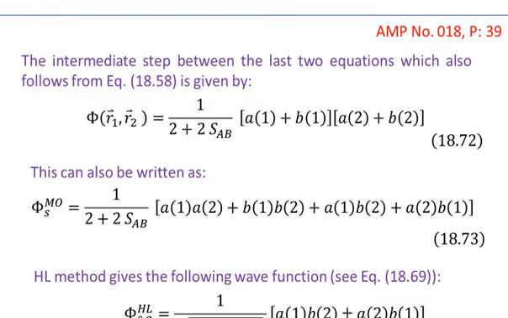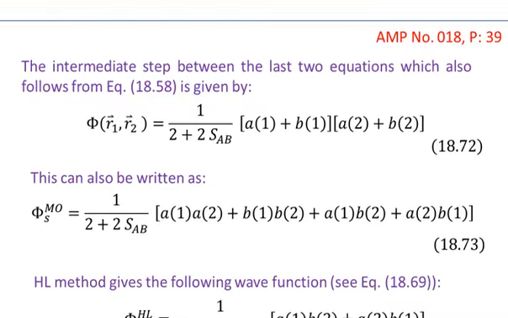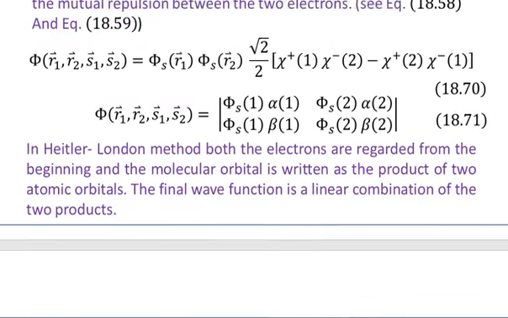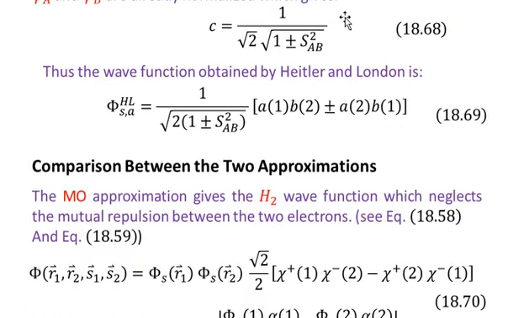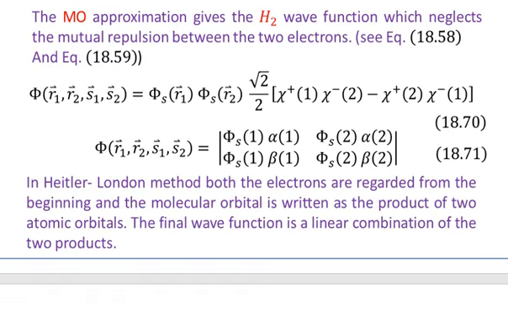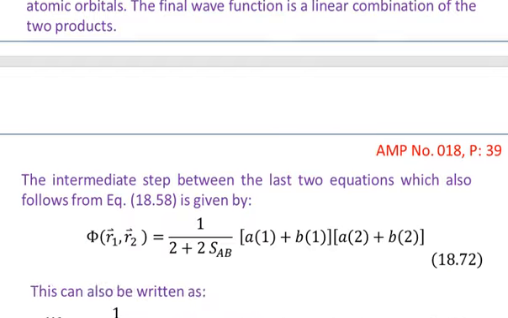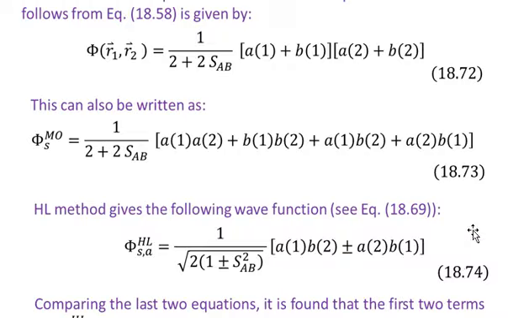You know that we have the spatial part of the wave function due to Heitler and London given in equation number 69. So we are also reproducing the spatial part of the molecular orbital wave function for the hydrogen molecule, which I have given in equation number 73.